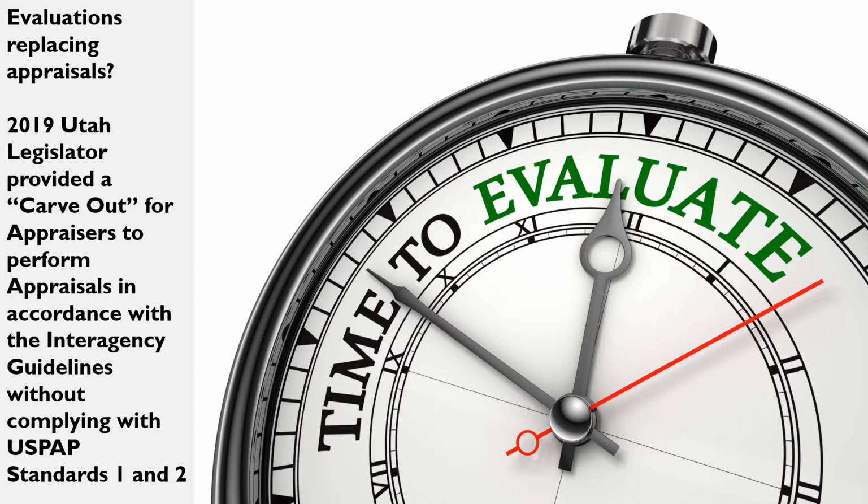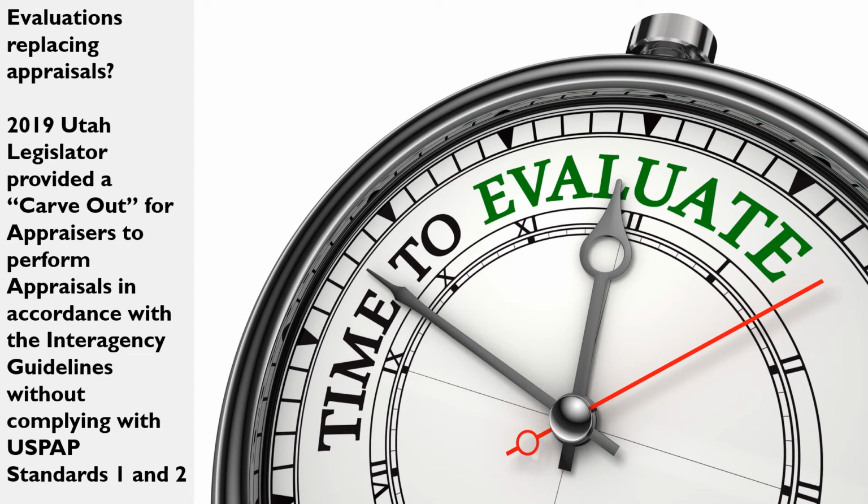In 2019, the Utah legislature allowed a carve-out for an appraiser to perform an evaluation in accordance with the interagency guideline without having to comply with standards 1 and 2. Now the problem is that in an appraisal, I have to define the appraisal type and I have to call it an appraisal.